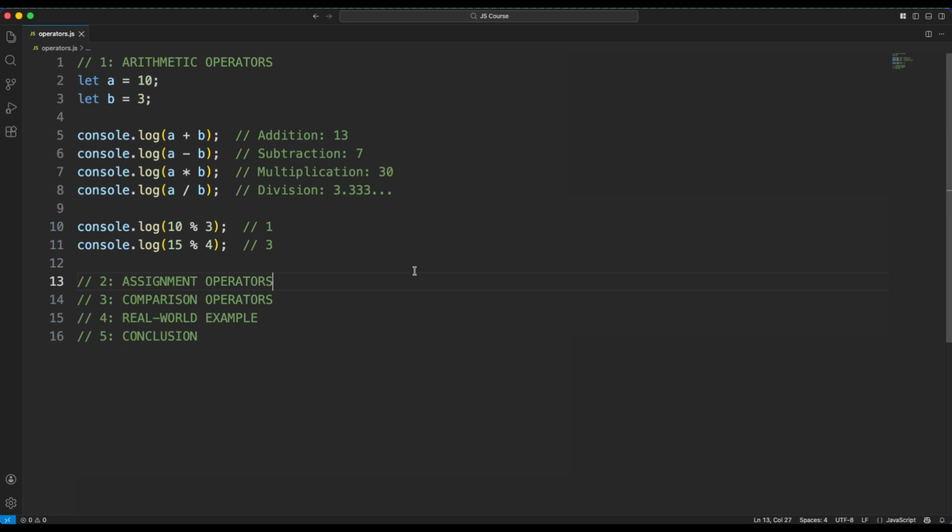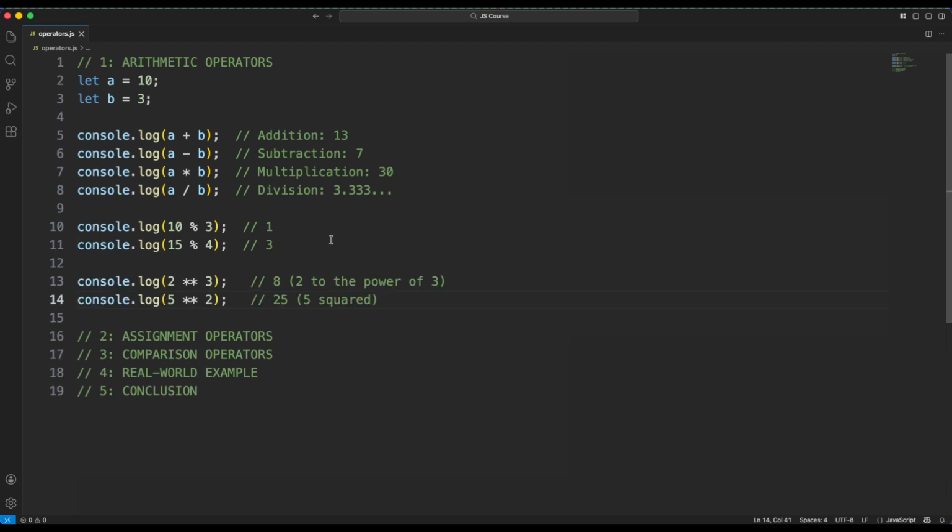Next is the exponentiation operator, or double asterisk, which raises a number to a power. These two asterisks, 3, mean to the power of 3, and this is 5 squared, and the answer will be this.